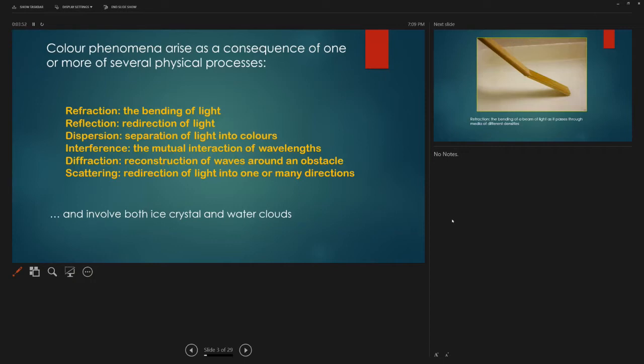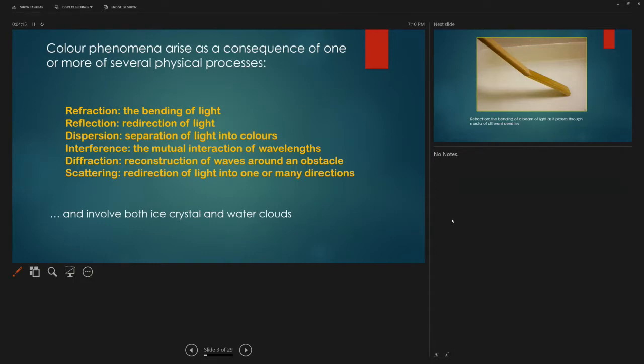Diffraction's a rather more complicated subject. Essentially, when you put an obstacle in the midst of a light beam, it will generate new light beams that then go onward to interfere with each other and reinforce and obscure different wavelengths along the way.